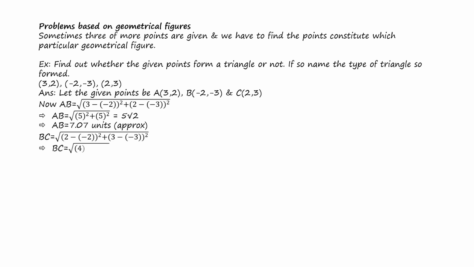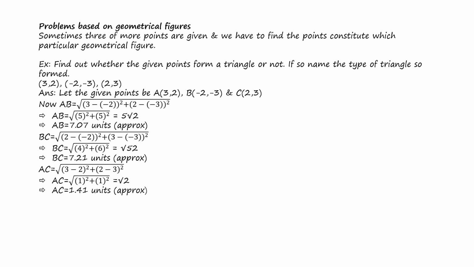BC equals the square root of (2 plus 2) whole squared plus (3 plus 3) whole squared, which is the square root of 52, approximately 7.21 units. And AC equals the square root of (3 minus 2) whole squared plus (2 minus 3) whole squared, which is the square root of 2, approximately 1.41 units.